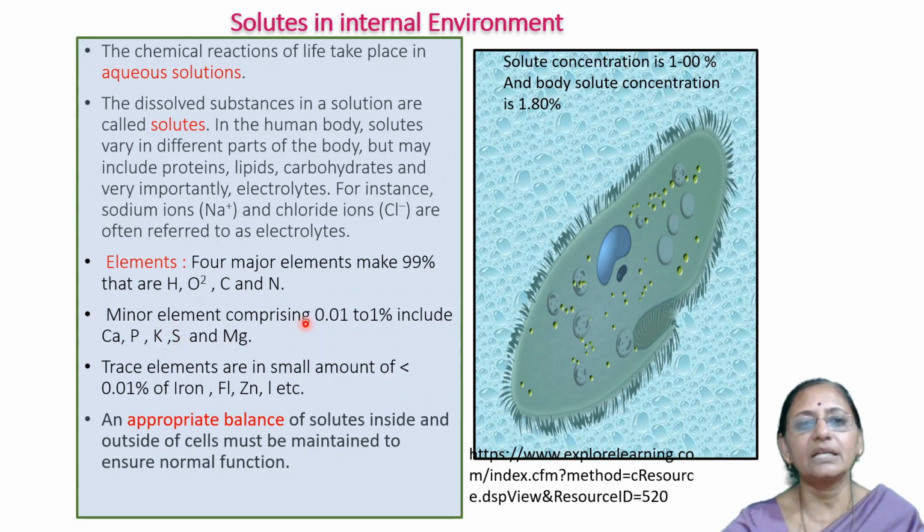Okay, minor elements form 0.01 to 1%. That is, 99% is formed by the major elements hydrogen, oxygen, carbon, and nitrogen, and minor elements form 0.01% to 1%. They are nothing but calcium, phosphate, potassium, sulfur, and magnesium mainly.